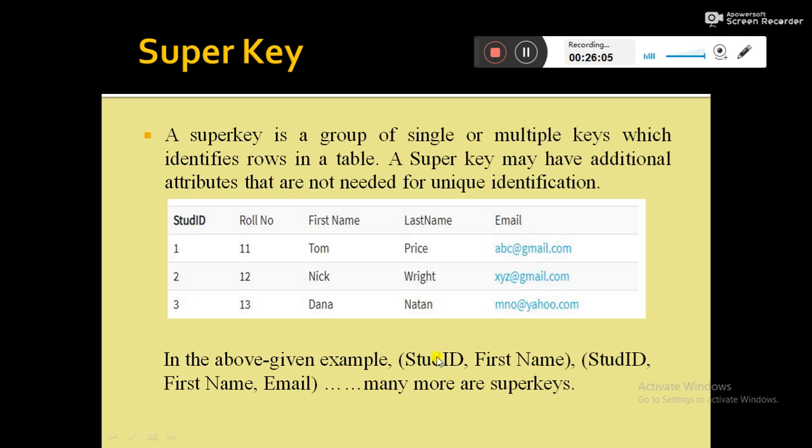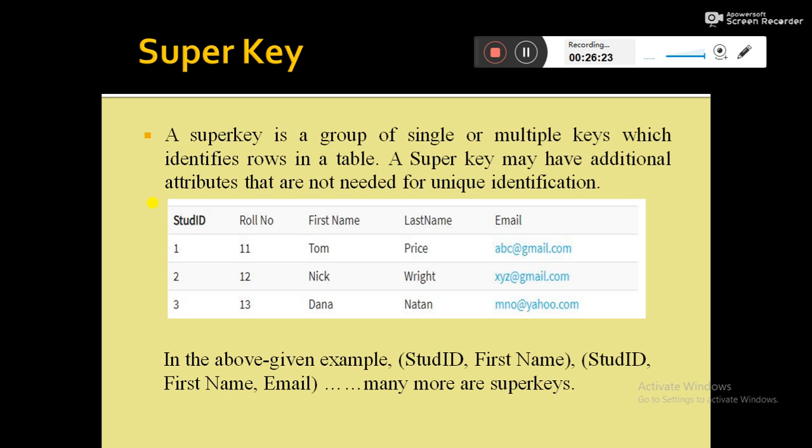Now, if you combine stud ID comma first name, then with the help of these two attributes, you are also able to uniquely identify a particular record. So in that case, stud ID comma first name as a combination can be a super key.